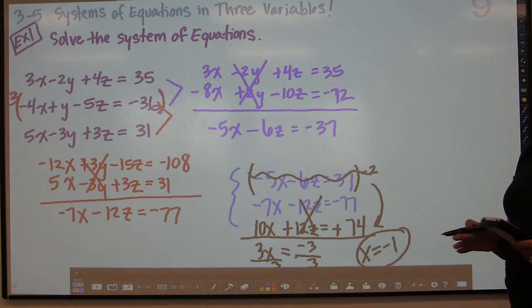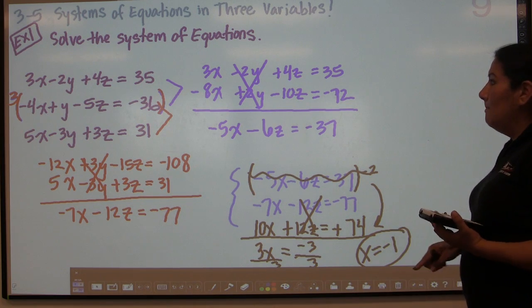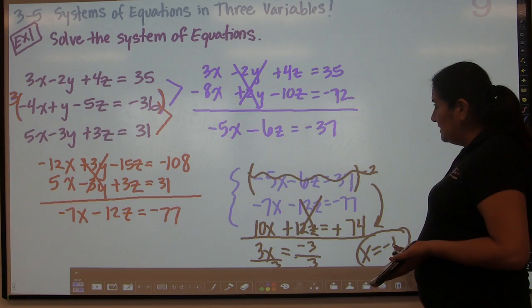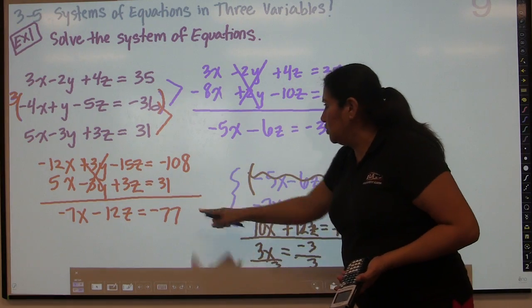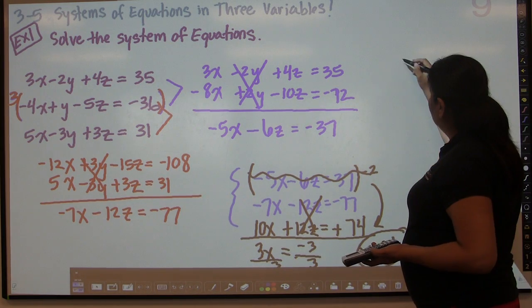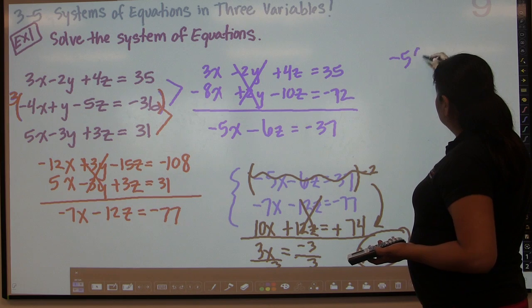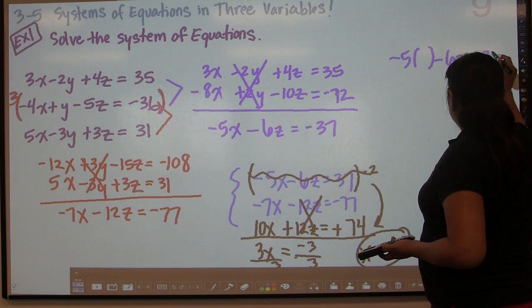And then we're halfway home. Well, we're 1/3 of the way home. We still need to find y and z. But we can get the z value by plugging in x to either one of these equations that you would like. So I'm going to do that right now. We're going to go with this guy, negative 5 times x minus 6z equals negative 37.